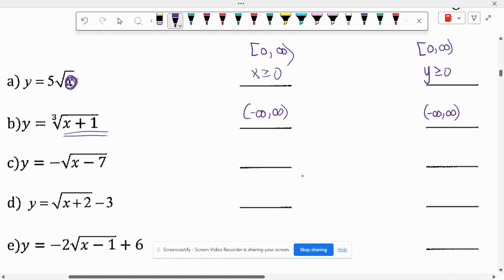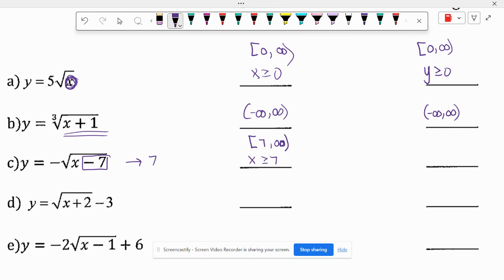Okay. This right here tells me that I moved how many units to the right? 7. So instead of starting at 0, 0, I start at 7, 0. That means x has to be greater than or equal to 7. Bracket 7, positive infinity. So instead of this function going like this, the negative out front tells me that it's going like what?